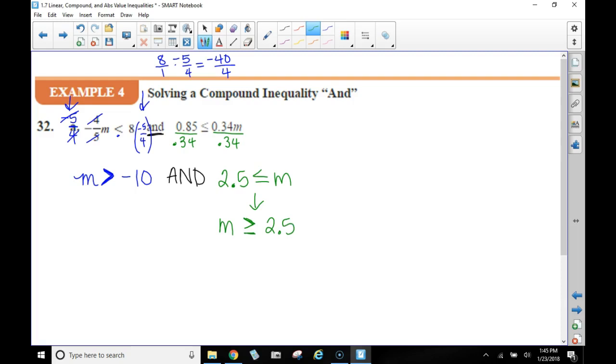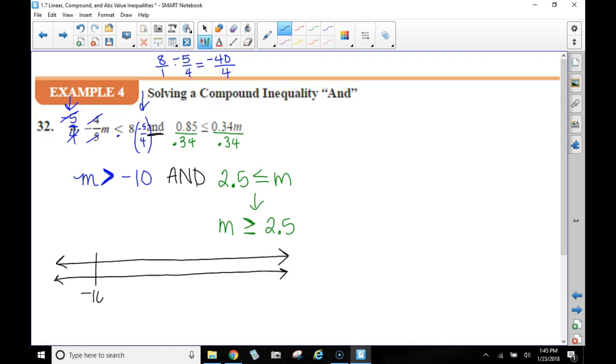Okay? Again, let's organize our thoughts by putting these on a simultaneous number line. Okay, on the number line, I need the value of negative 10. Ooh, that's little bitty. That's over here. And then I also need 2.5. So if I want to write 0 maybe on my number line, about here, I'm just eyeballing it, would be positive 2.5.